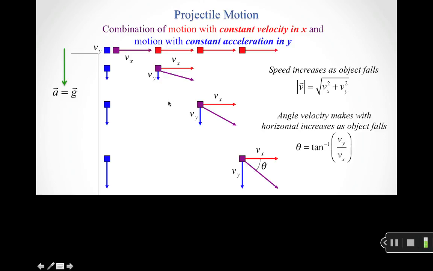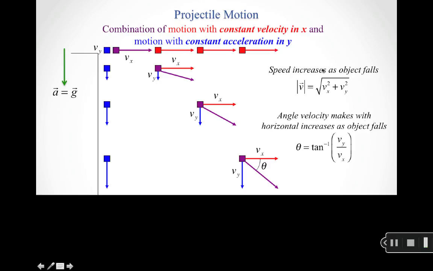The other thing, when I throw my object horizontally, notice that there's an angle that the velocity vector makes with the horizontal. Here, that angle wasn't very big. Here it gets bigger. Here it's bigger still. Because the y component of my velocity increases as the object falls, the direction of the velocity makes a larger and larger angle with the horizontal as my object continues to fall down.